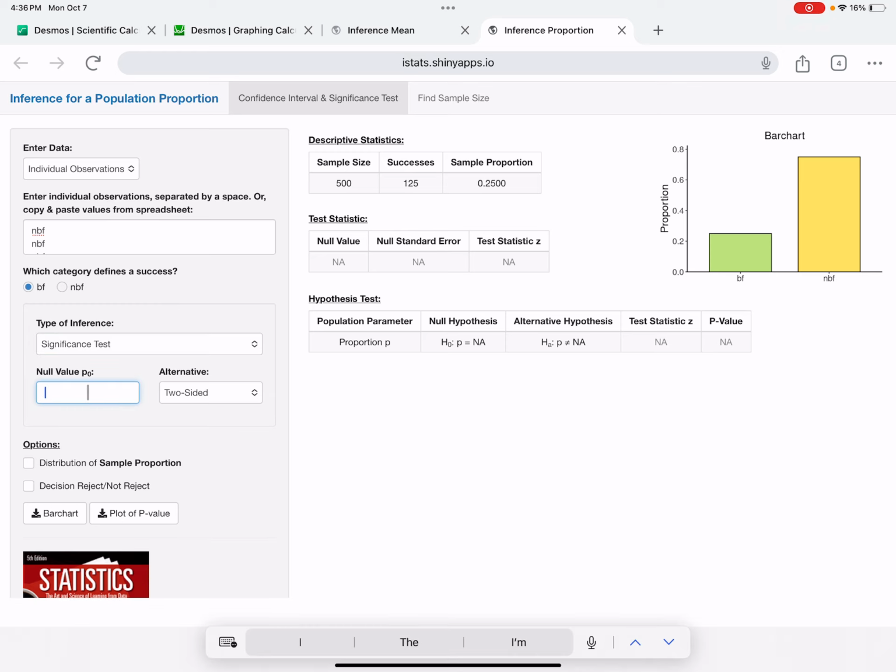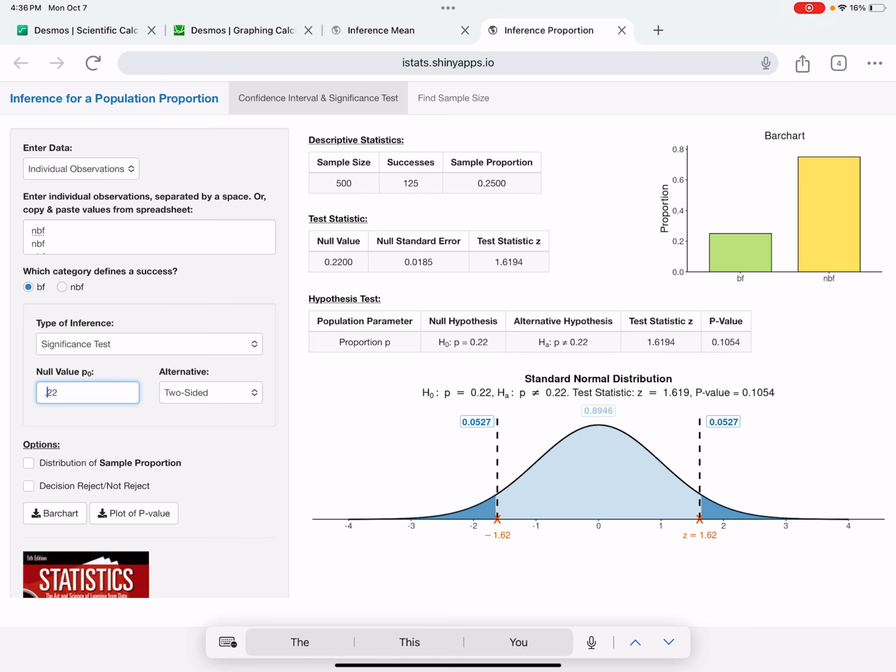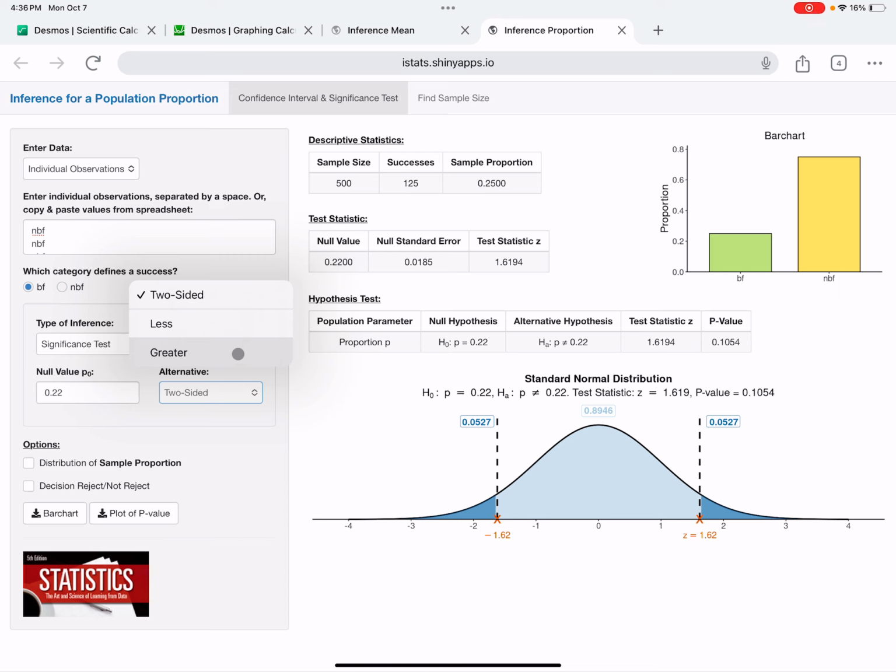The null hypothesis was that 22% of babies would be breastfed in the low-income countries. And we wanted to run this as a right-tailed test, right? We thought that more than 22% of babies would be breastfed in the low-income countries.